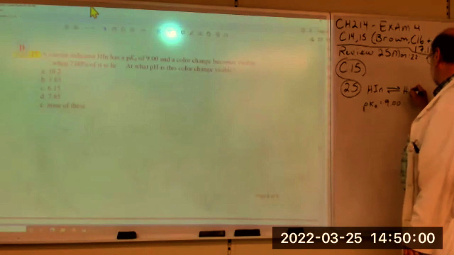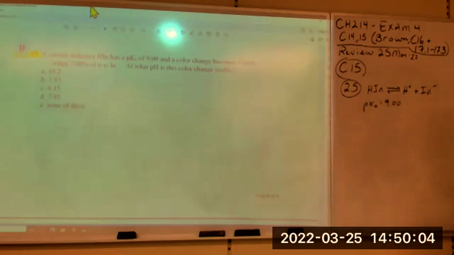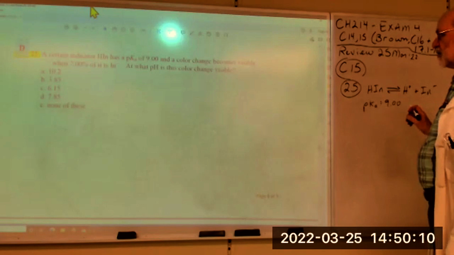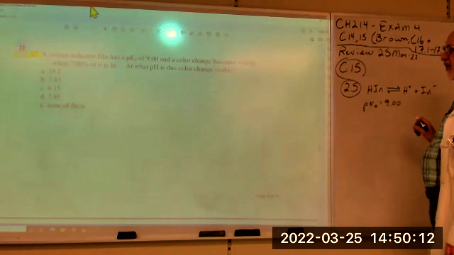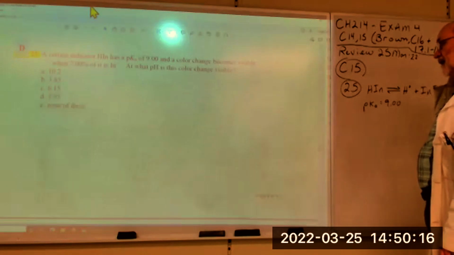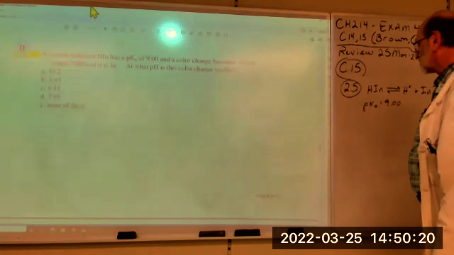So it's going to dissociate to this and this, okay? And the color change becomes visible when 0.07 of it is in this form. At what pH is the color change visible?